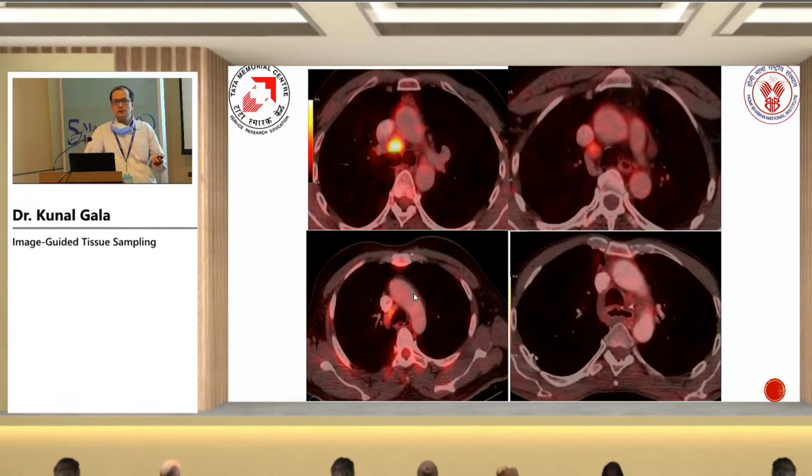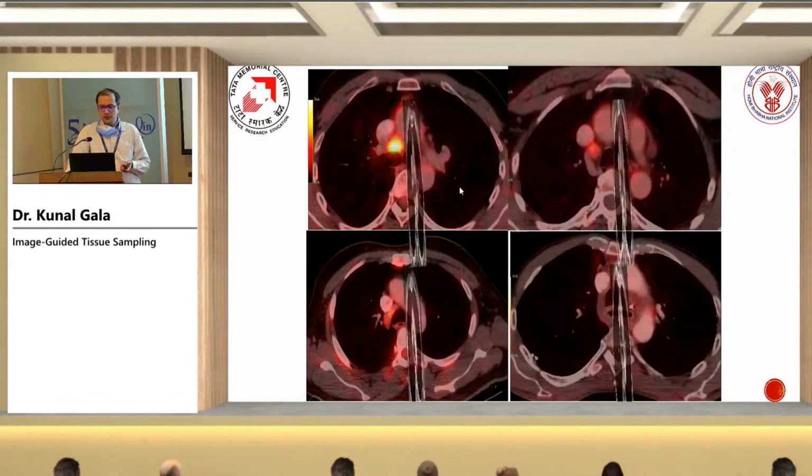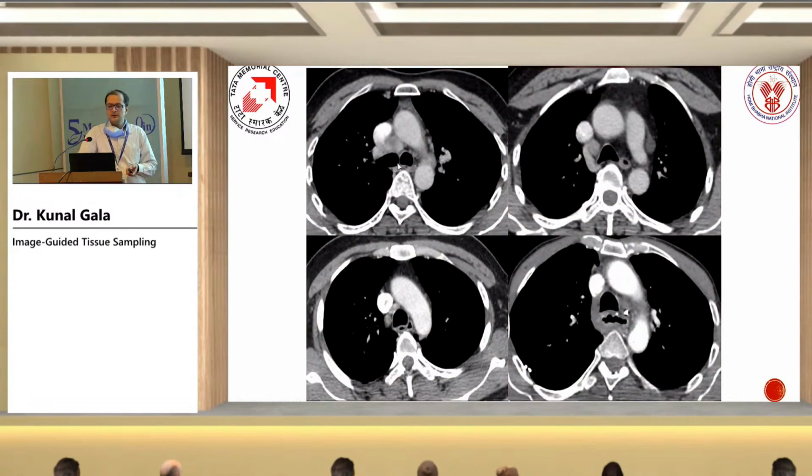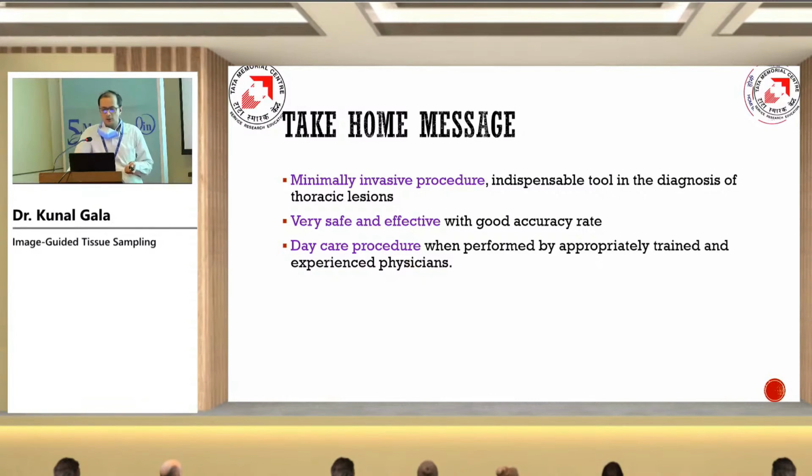All throughout 270 degrees, it is located in the vicinity of vessels. The percutaneous approach is not possible in all these cases. So what we can do, since it is located close to the bronchus or trachea, is an EBUS guided procedure, FNAC or biopsy. So coming on to the last slide and the take-home message: a minimally invasive procedure.